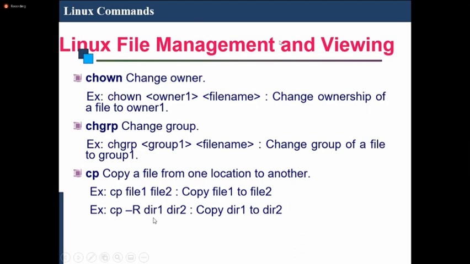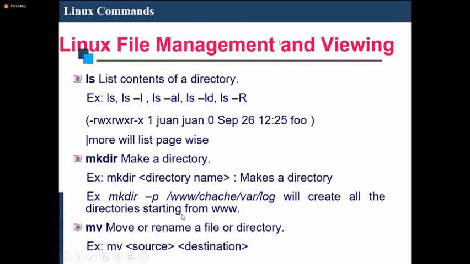It means recursive, right? So it will copy everything which is inside this folder to this other folder, right? This command will run recursively, like in a loop, to make sure that all the files and folders in dir1 are copied to dir2.